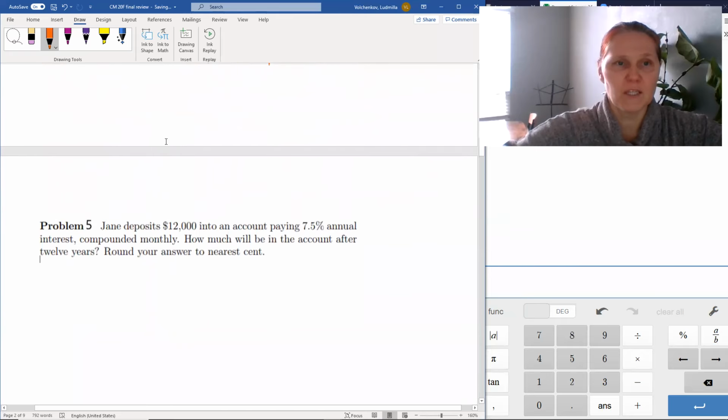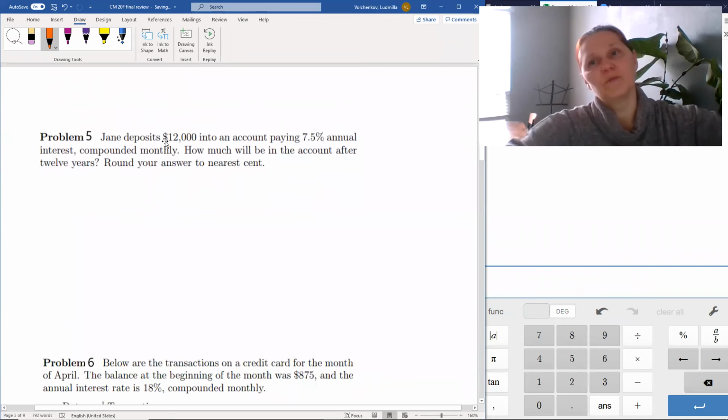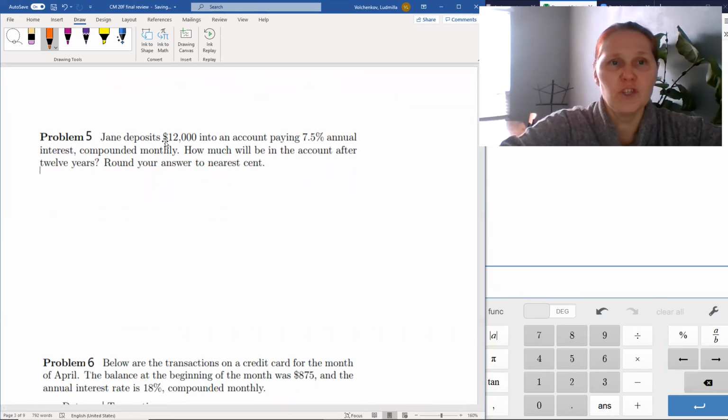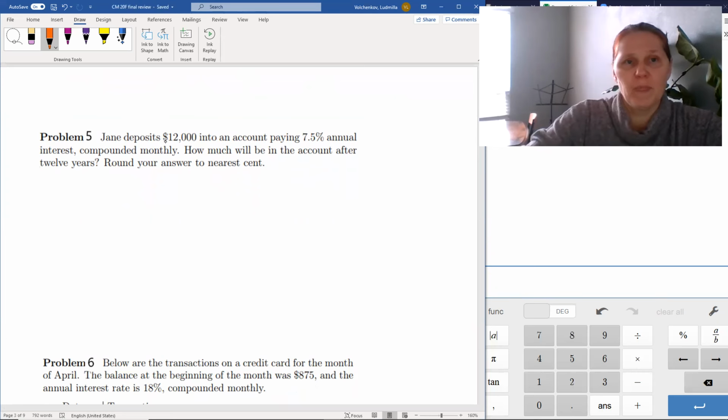Okay, we move on to the next problem from financial mathematics. And the first problem is Jane deposits $12,000 into an account paying 7.5% annual interest compounded monthly. How much will be in the account after 12 years? So we have a simple compounded interest formula.